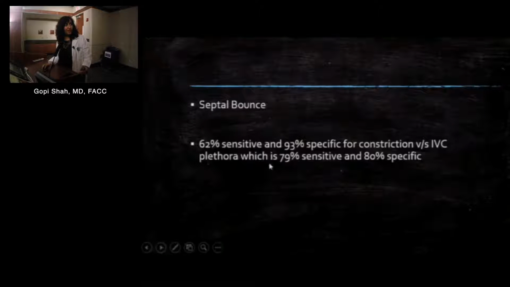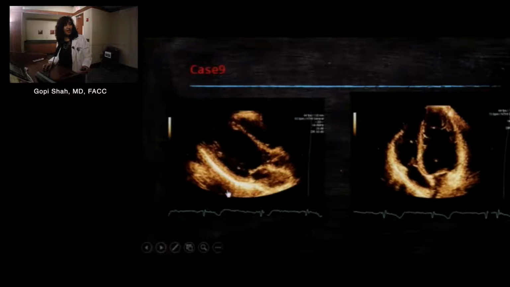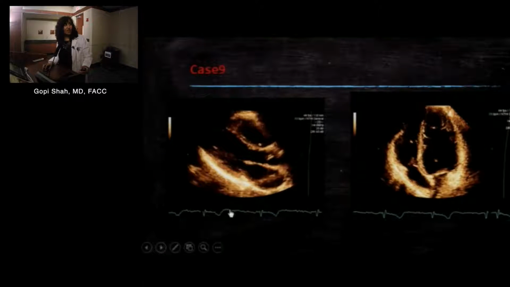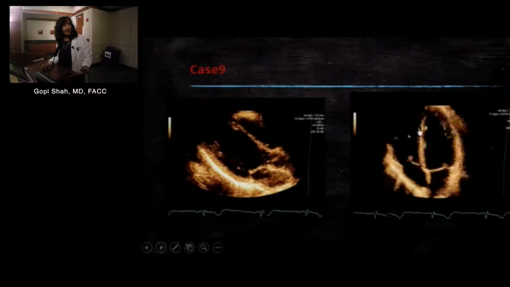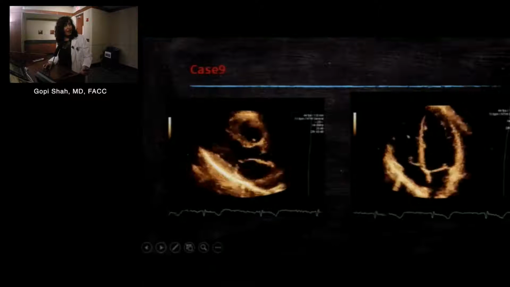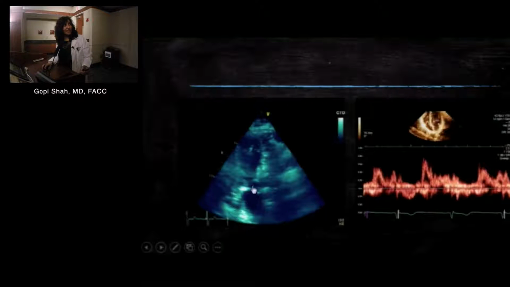Septal bounce is something we have talked about. However, it's not the most sensitive, but it is very specific. IVC plethora has been found to be more sensitive, though less specific. And there is this nice case we had of a young man who presented with shortness of breath. We did an echo on him. And on this view, we feel there is a suggestion of septal bounce. Again, seen here. Again, this is not the best view.